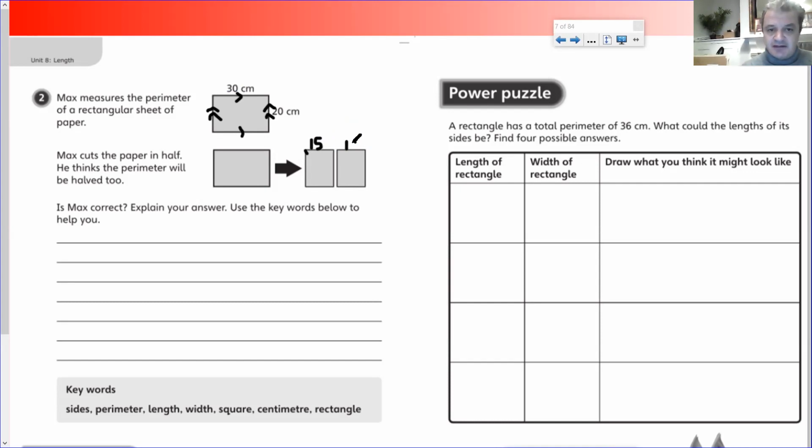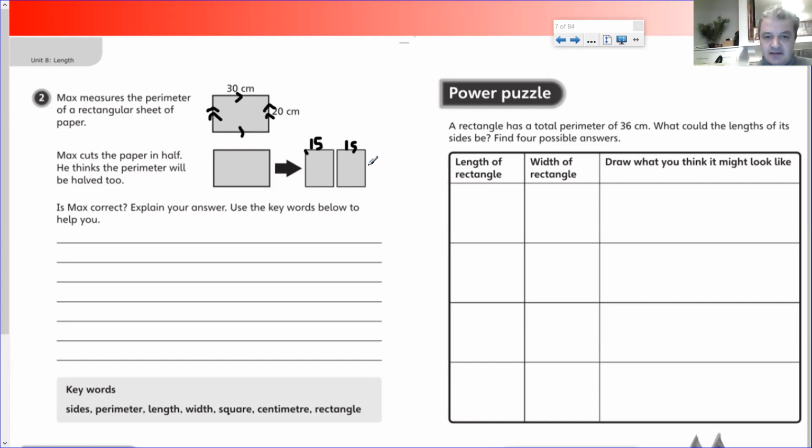Do we agree with that? 10 add 10 is 20. 5 add 5 is 10. 20 add 10 is 30. And that's what we started with. Okay, so this side, which was the shorter side before, is now the longer side, now the length.